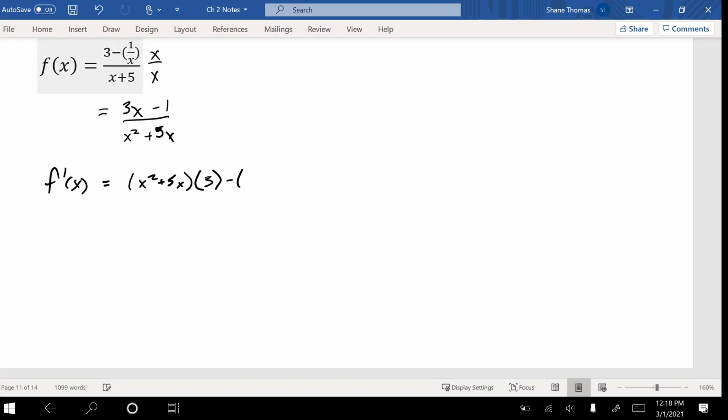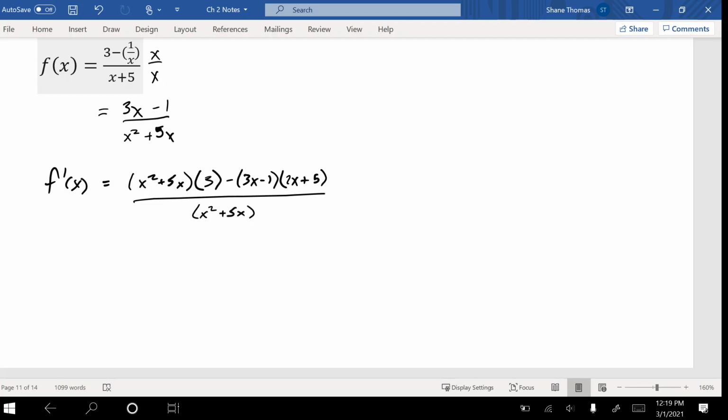Minus high, 3x minus 1, d low, what is the derivative of x squared plus 5x? 2x plus 5, good. Over (x squared plus 5x) squared.